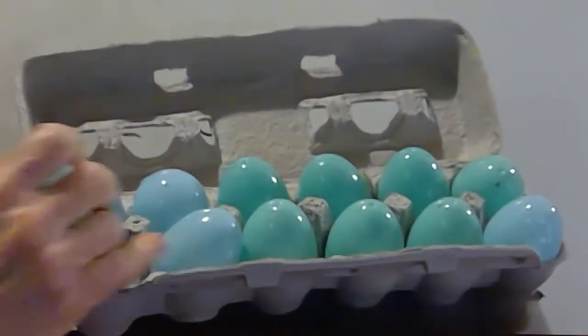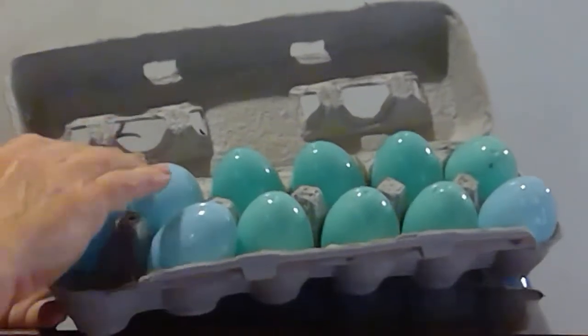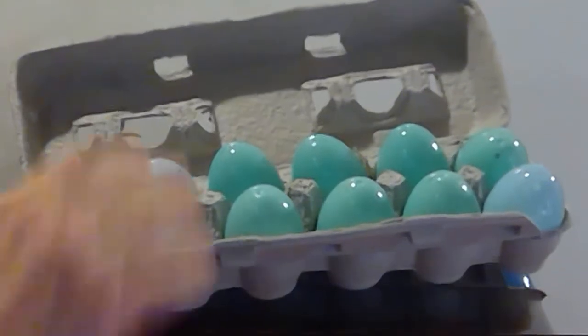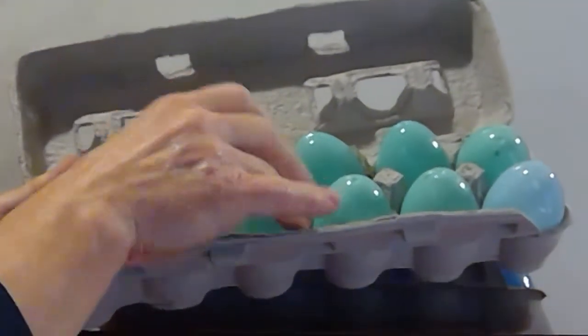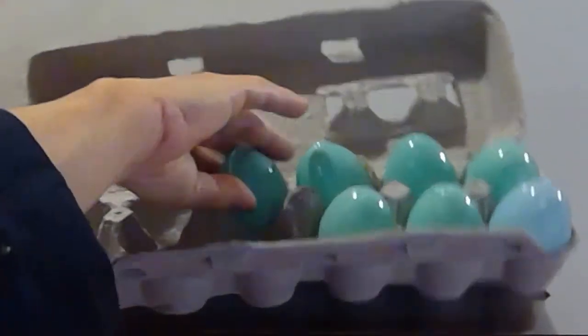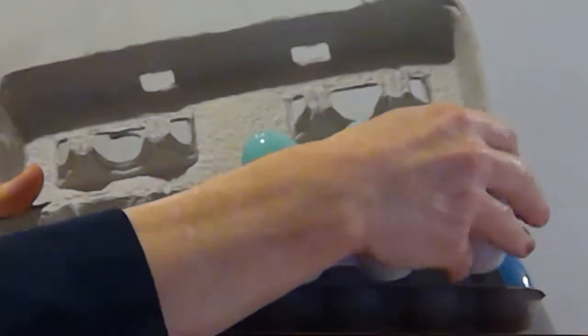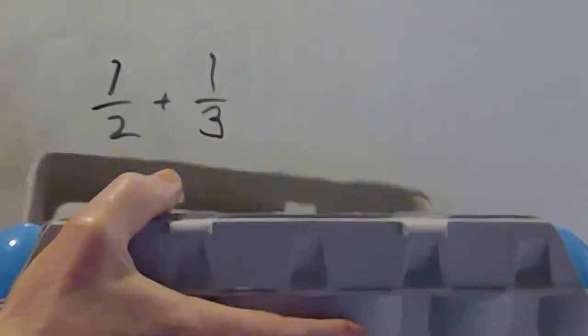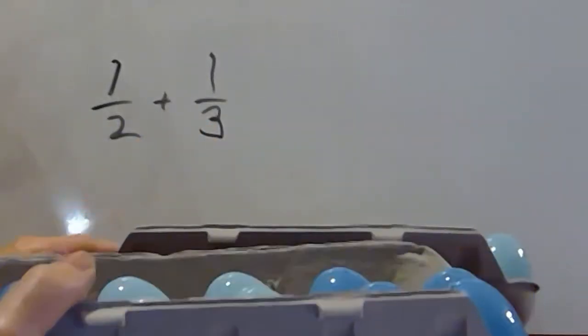So I'll remove half of my eggs because that's half of an egg carton. And since there were 12 eggs originally, half a carton is 6 eggs. And then for 1/3, I'm going to go back.